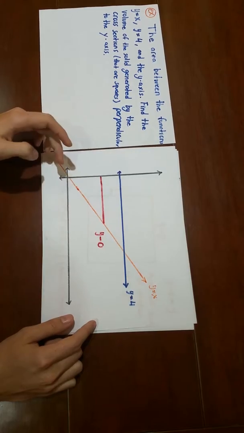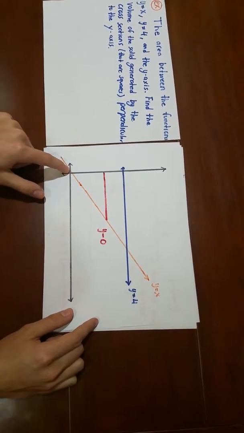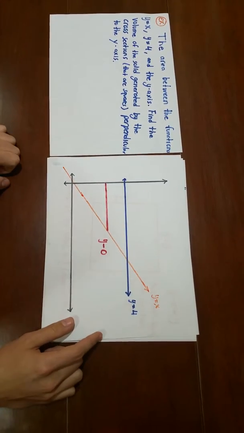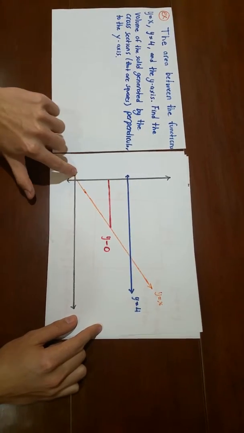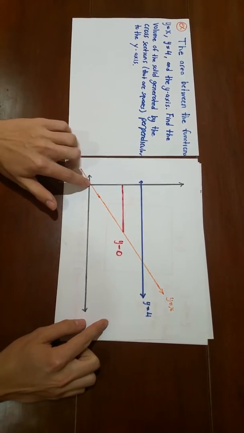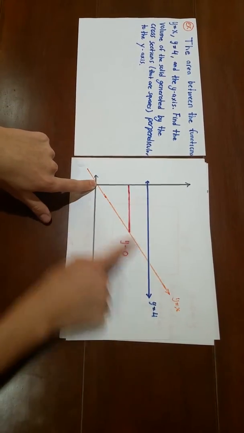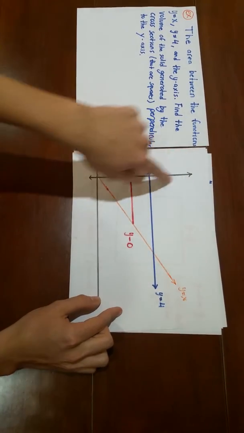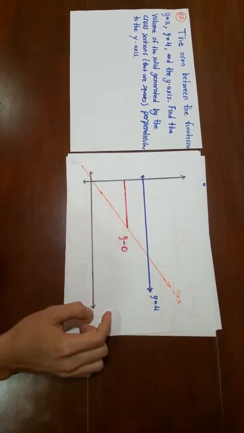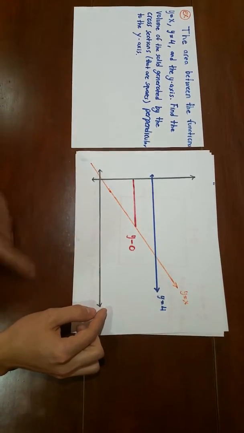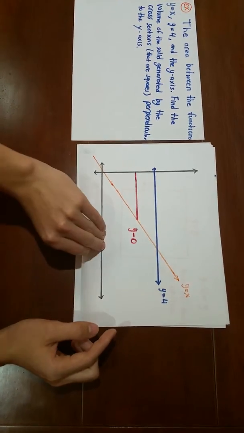Since we're working with cross sections perpendicular to the y-axis, we'll be working with bounds in terms of your y values, which is y equals 0, where our orange function passes the y-axis, and y equals 4, where the blue one crosses the y-axis. That's a little bit different from our previous problems where we were bounding it in terms of x values.